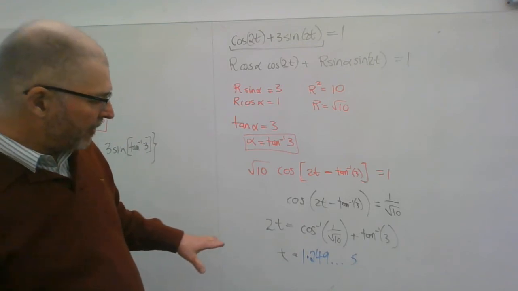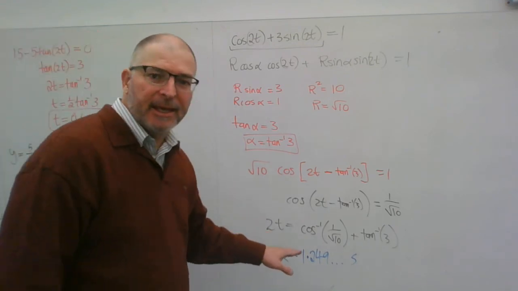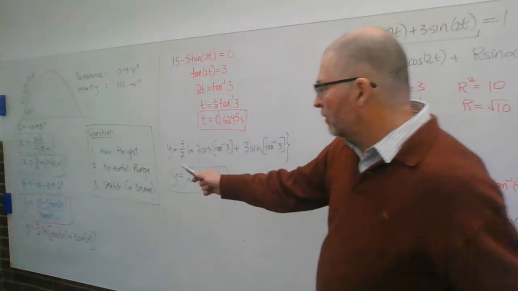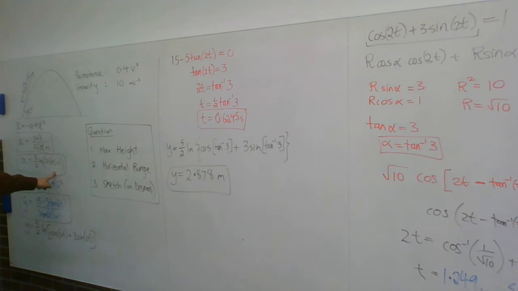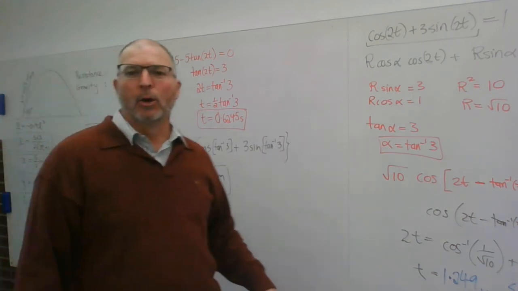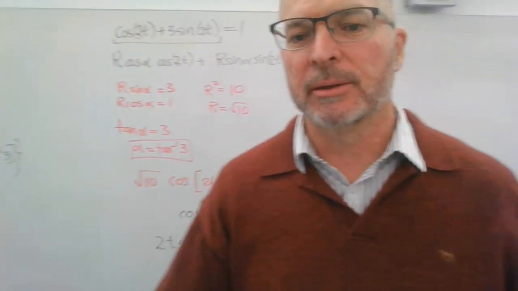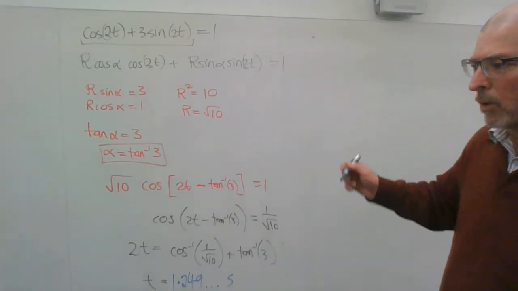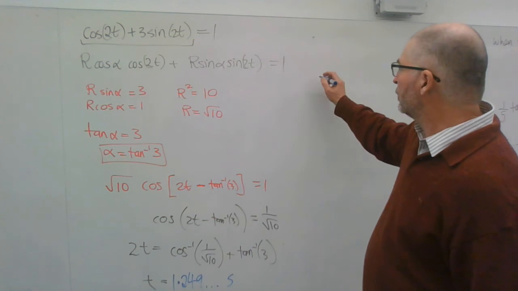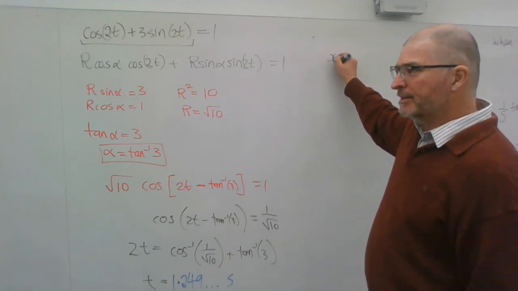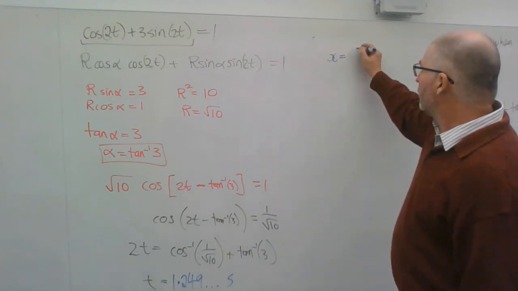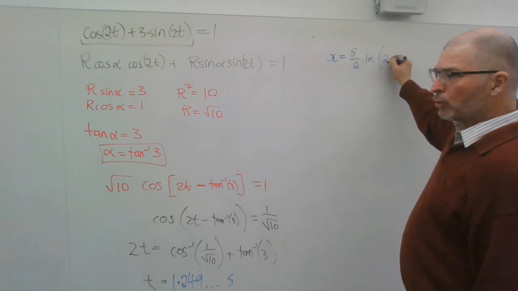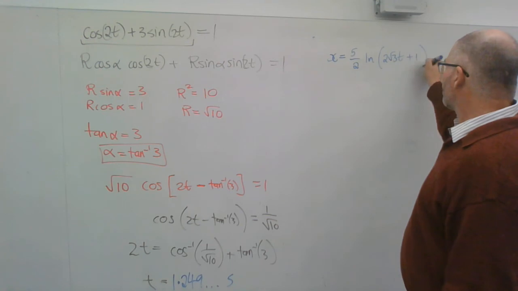And then we need to put that into the horizontal equation of displacement, which is this one here, in order to find what the horizontal range is. So I'm going to pop that t equals 1.249 seconds into x is equal to 5 on 2 natural log of 2 root 3 t plus 1.